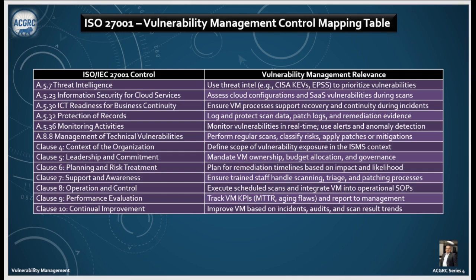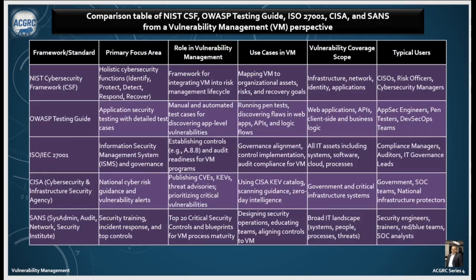This is the next one, which shows your controls and their relevance. Again, a reference material for you. Now, what you see is a comparison table between NIST CSF, OWASP, and ISO 27001, which we covered till now.